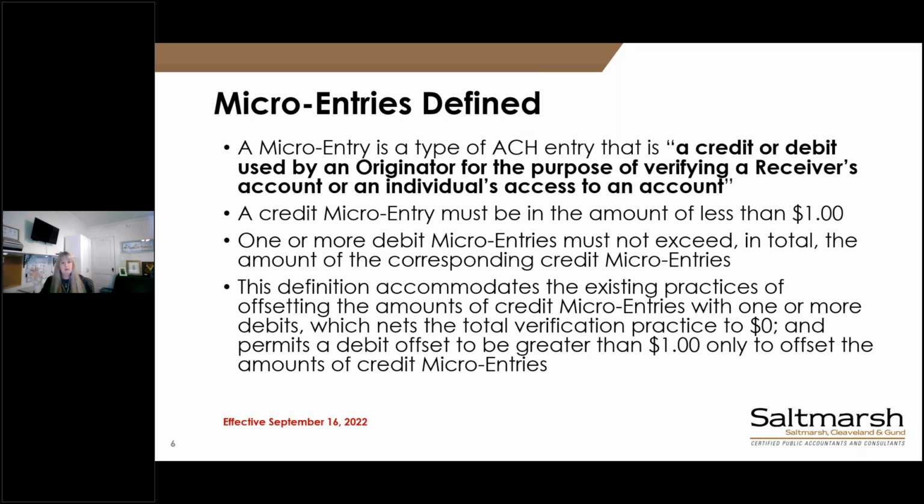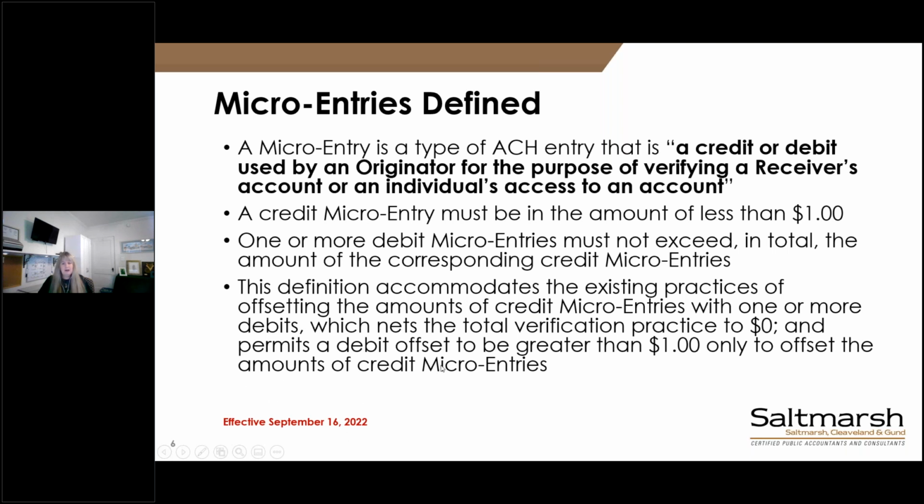If you're sending the debits to offset the credit, for example, if you send a credit for 50 cents, then you can't send 2 offsetting debits that are 30 cents each. That's going to be a negative 10 cents for that customer. So you have to make sure that it is not going to negatively impact the customer's balance. Again, these are verification processes. They should not make an impact on their account.